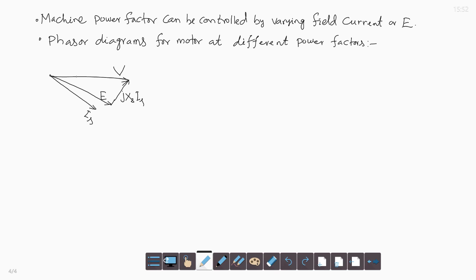So, stator current lags behind the supply voltage by angle phi, and the angle between V and E is delta. And this is the phasor diagram for lagging power factor.